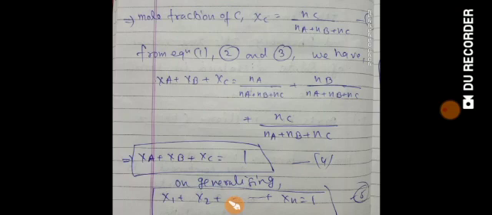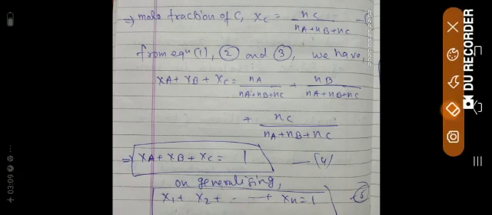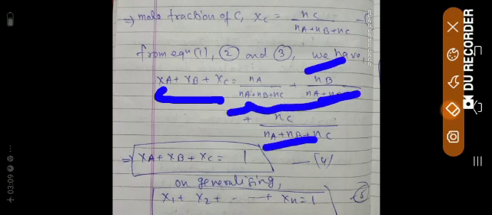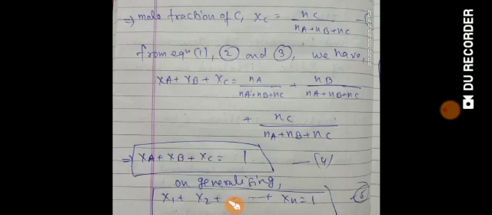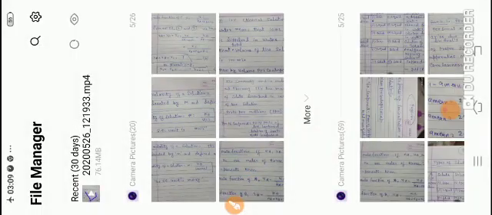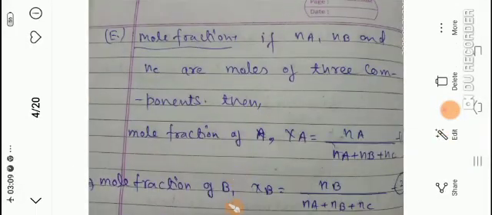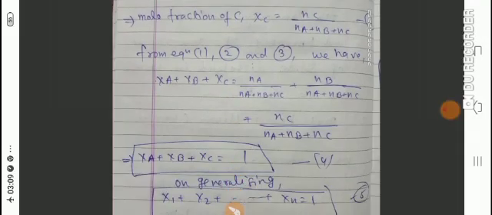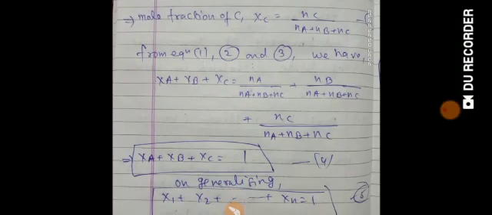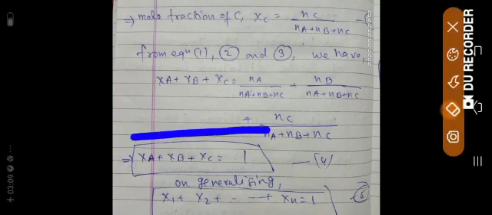If we add equations 1, 2, 3, what would happen? Xa plus Xb plus Xc equals this one plus this one plus this one. As you can see, the denominator is the same, Na plus Nb plus Nc, and the numerator is also Na plus Nb plus Nc. It would be 1. So the sum of the mole fractions of all the components would be 1.